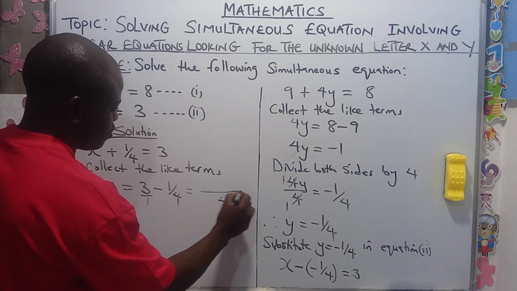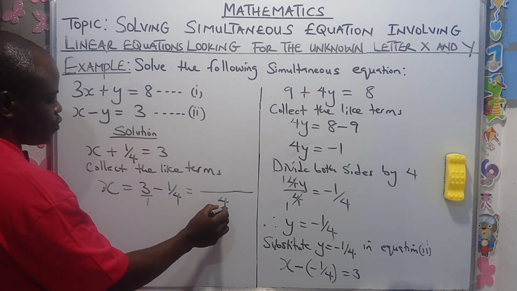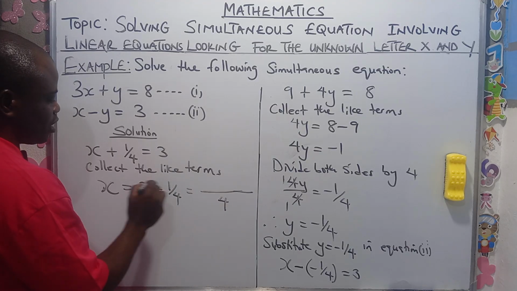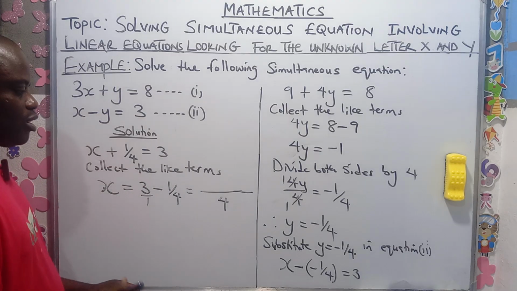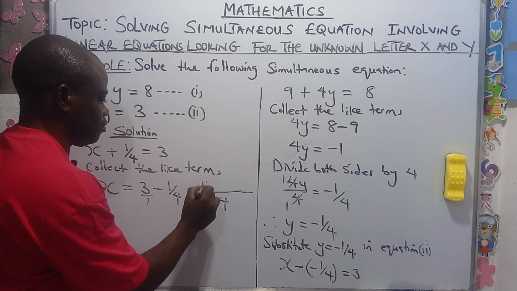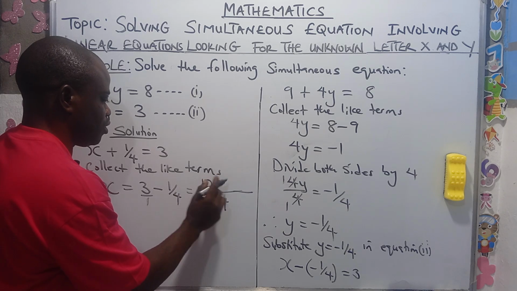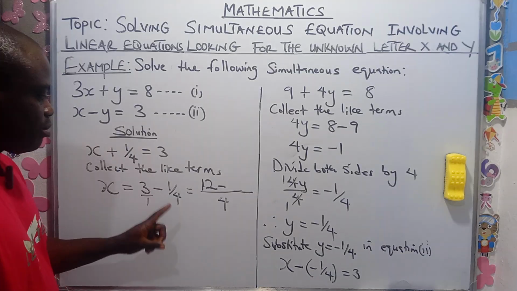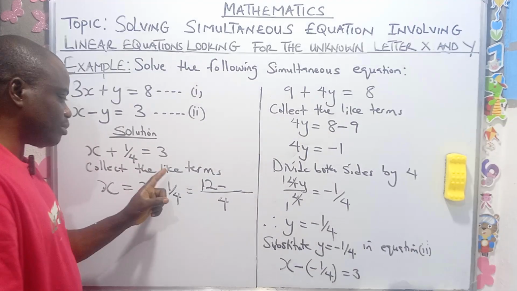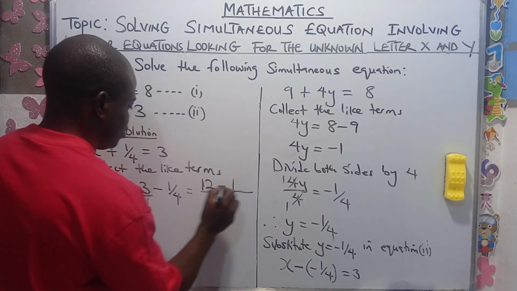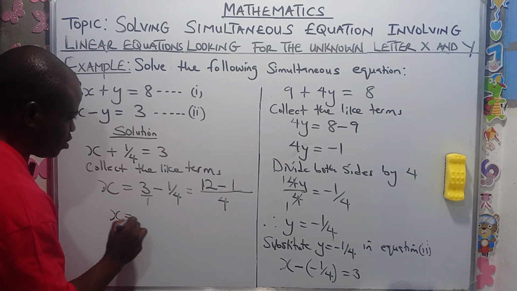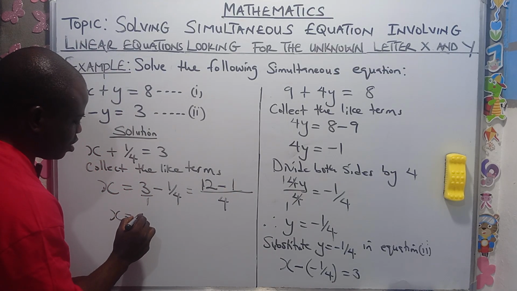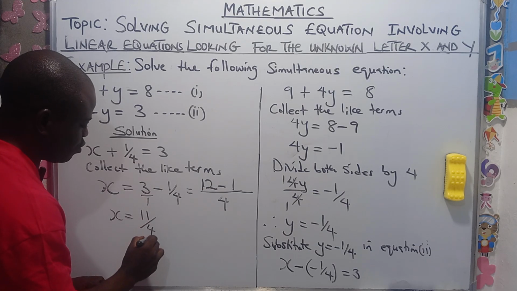That is 4. 1 goes in 4, 4 times 3, that's 12. Minus, 4 goes in 4, that is 1, 1 times 1, that's 1. Your x now equals 12 minus 1, that is 11 over 4.